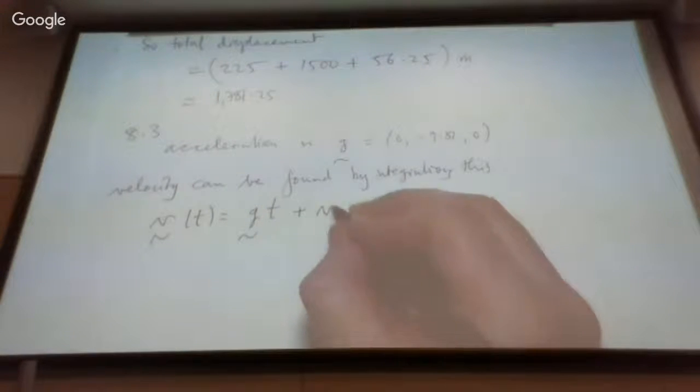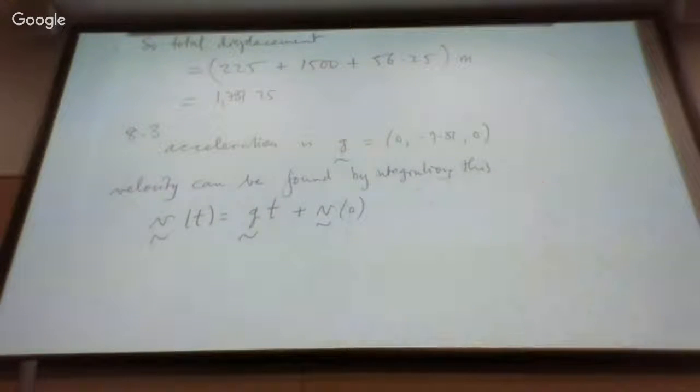This constant of integration will be v naught, the initial velocity. But we're provided with the initial velocity as this vector v in the equation.